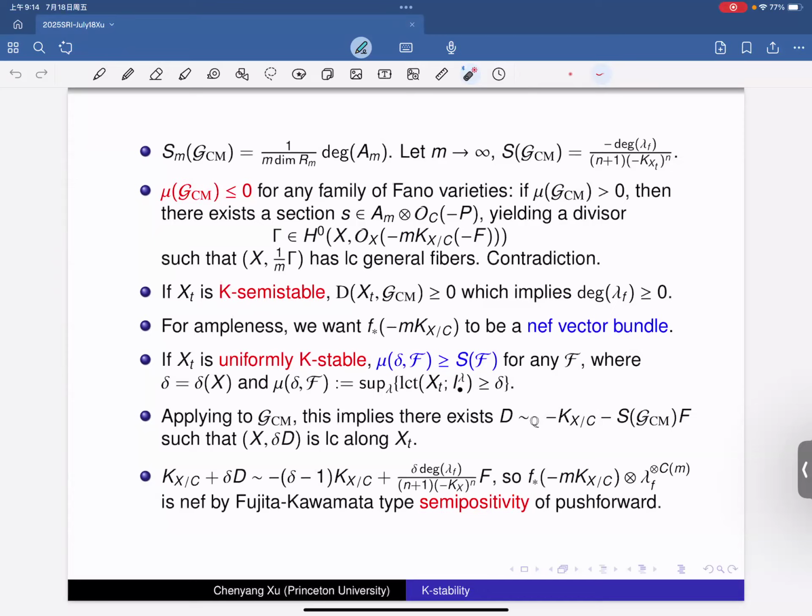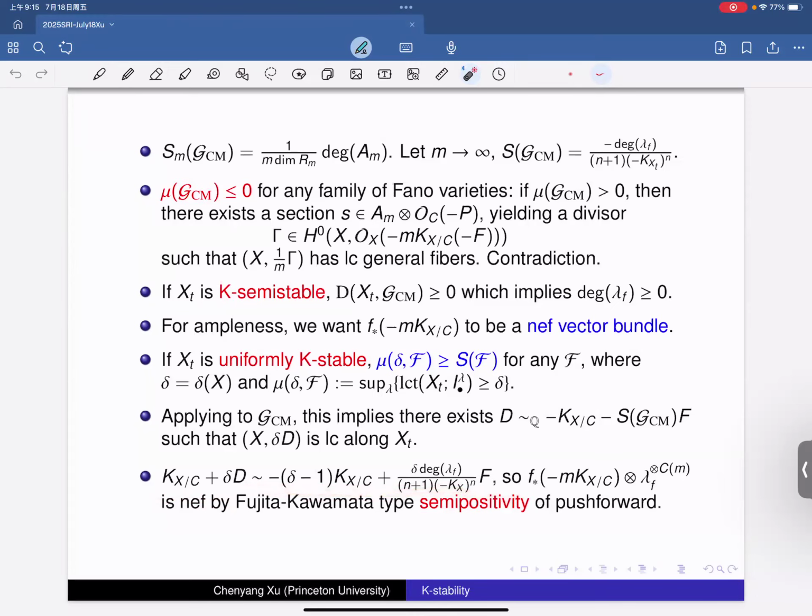Then if I restrict the pair to a special fiber, or general fiber, it's LC. Then I know if I push forward downstairs for a large multiple, it's nef by Fujita-Kawamata semi-positivity. But the same push forward is just linearly equivalent to this one.